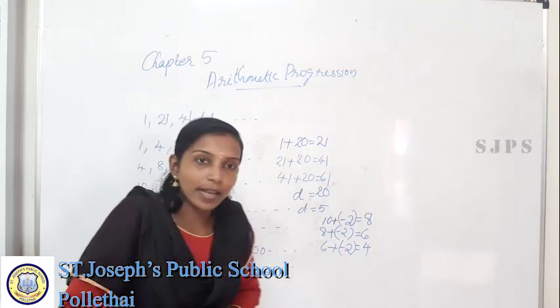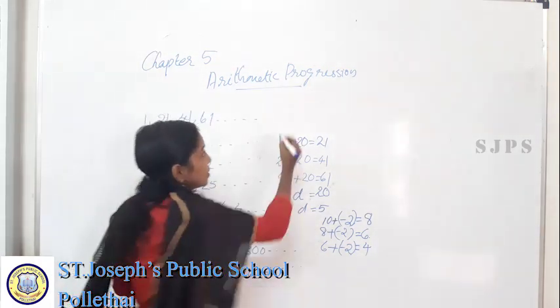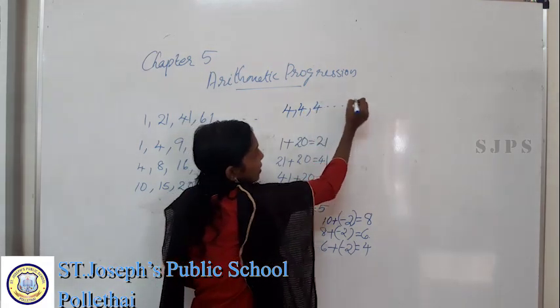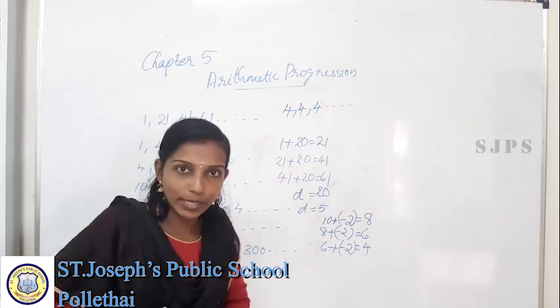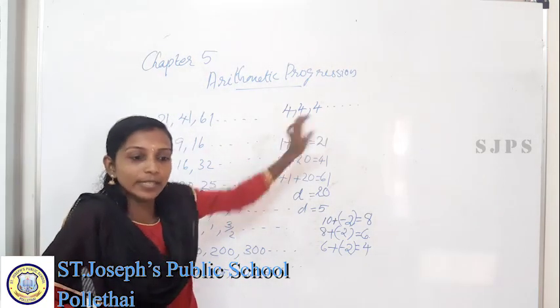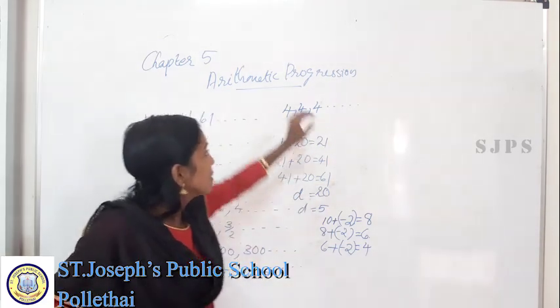Then we can consider another example: 4, 4, 4, etc. Is this an arithmetic progression? It is an arithmetic progression with the common difference 0.